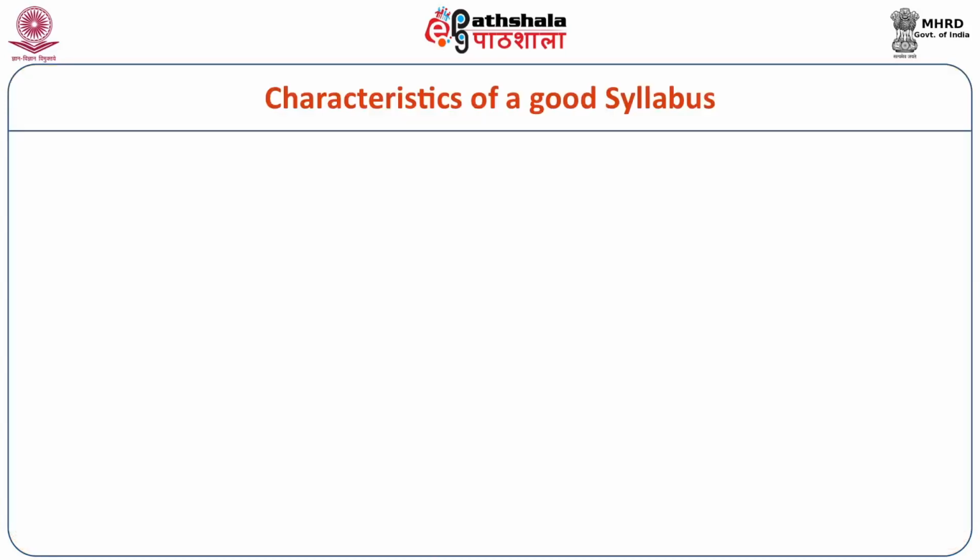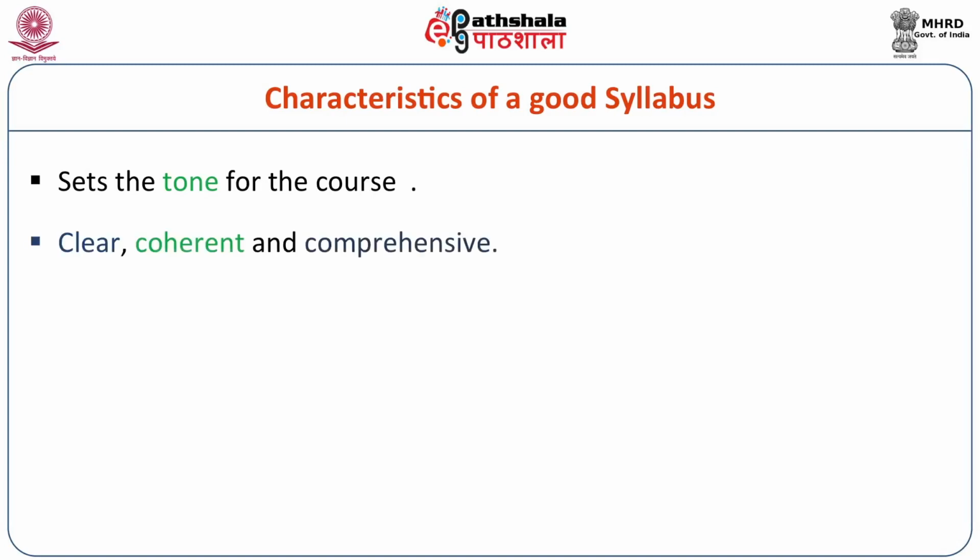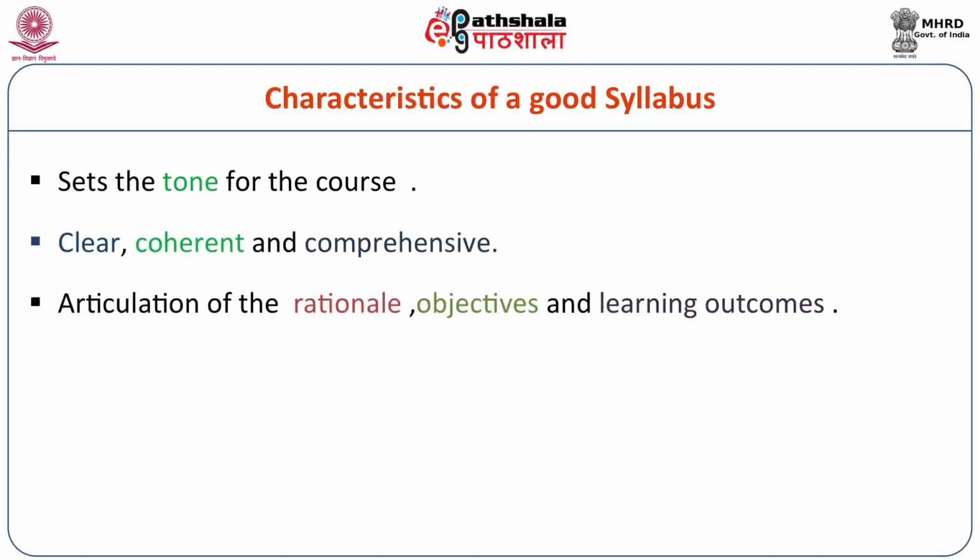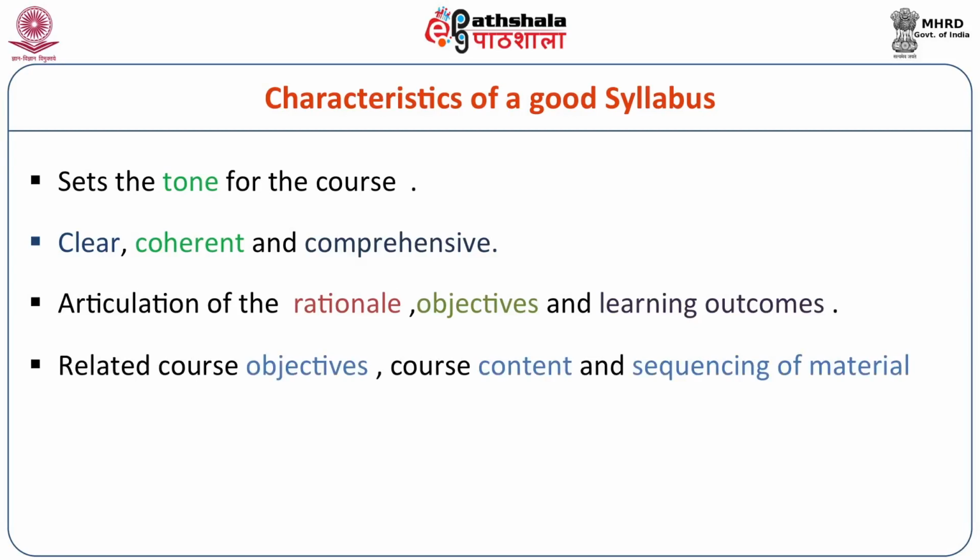What are the characteristics of a good syllabus? It should set the tone for the course. It should be clear, coherent, and comprehensive. Articulation of the rationale, objectives, and learning outcomes is expected. Related course objectives, course content, and sequencing of material.